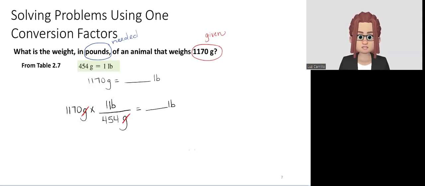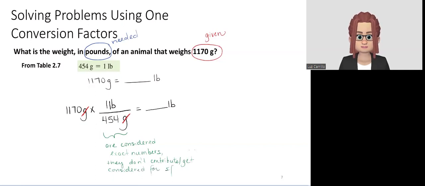The reason why we cannot utilize our conversion factor in order to determine the resulting sig figs is because conversion factors are considered exact numbers, they don't contribute or get considered for significant figures determination for the final answer.